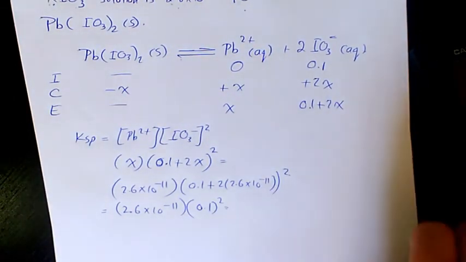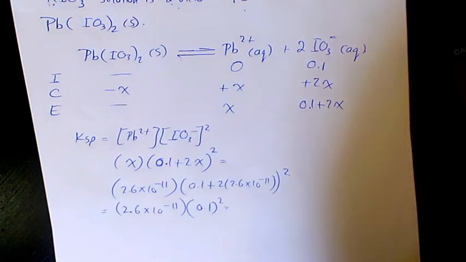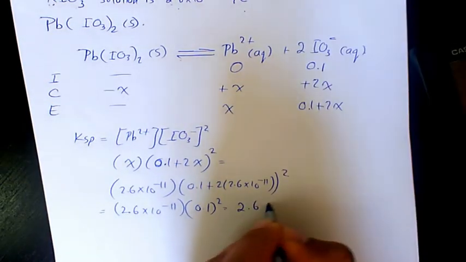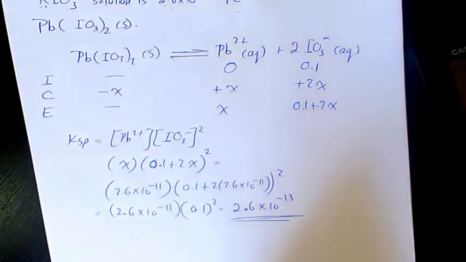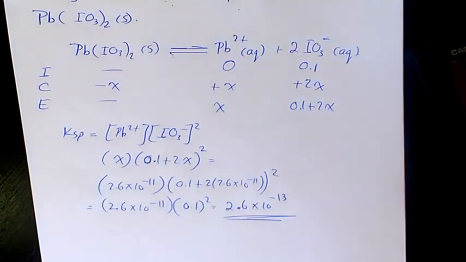So that's 2.6 times 10 to the power of negative 11 times 0.01. That's going to be 2.6 times 10 to the power of negative 13. That's going to be the Ksp value of this solid in this solution.